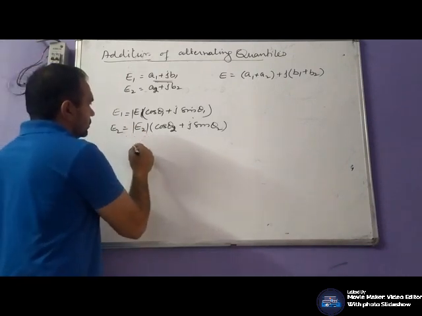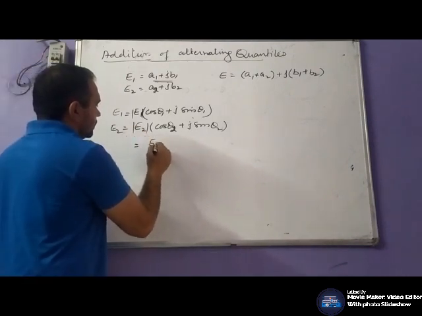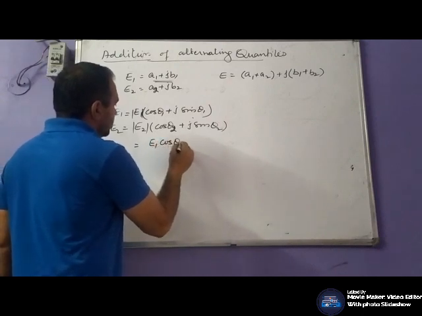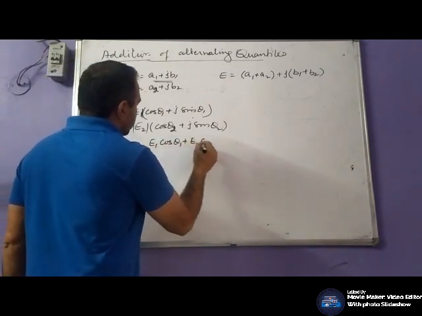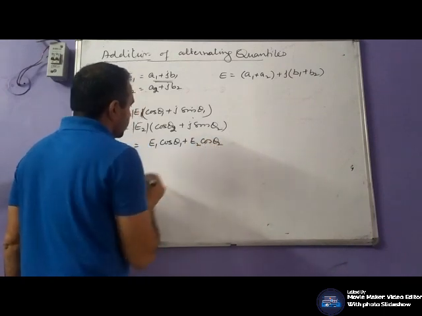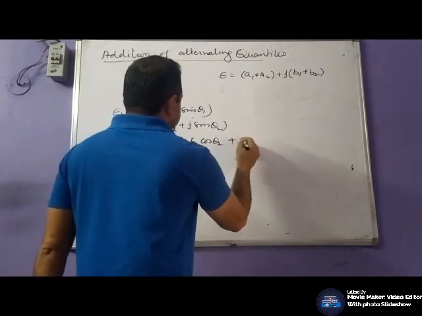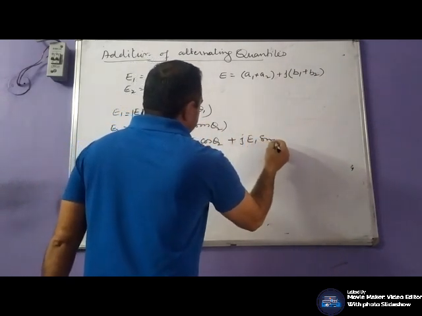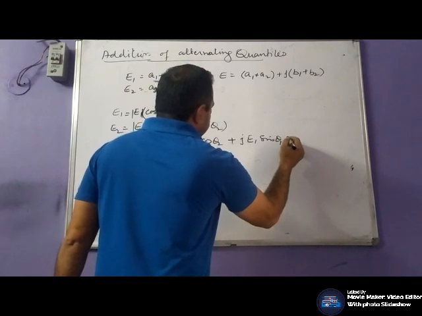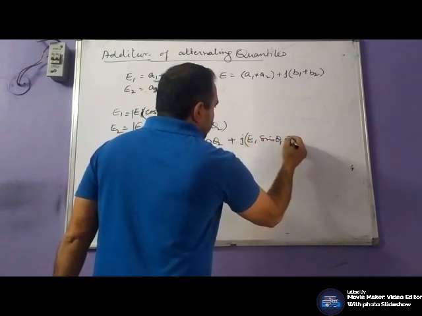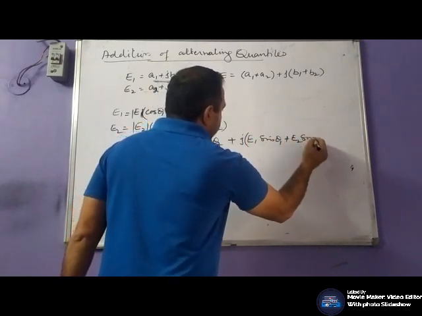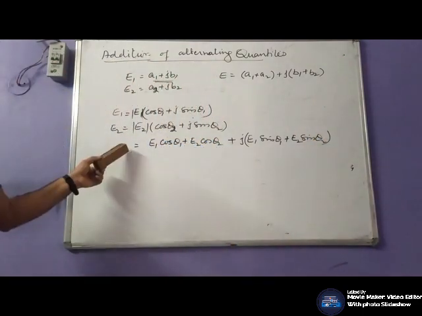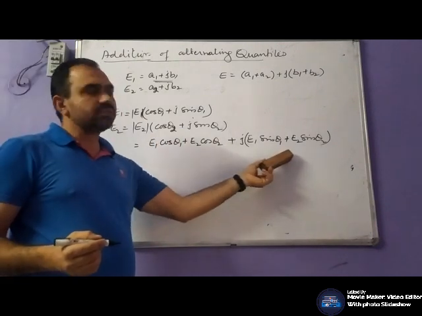Now, the sum is E1 cos theta 1 plus E2 cos theta 2, plus j times E1 sin theta 1 plus E2 sin theta 2. So that becomes somewhat complicated.